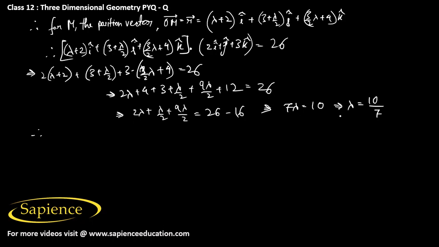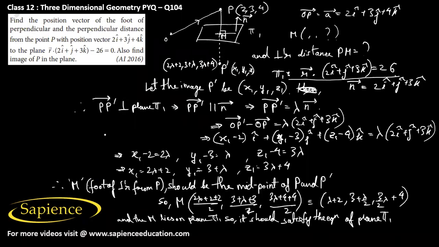So if we put lambda equal to 10 by 7 here, then we can find the coordinates of the point M, and the coordinates of the point P dash also we have to find.